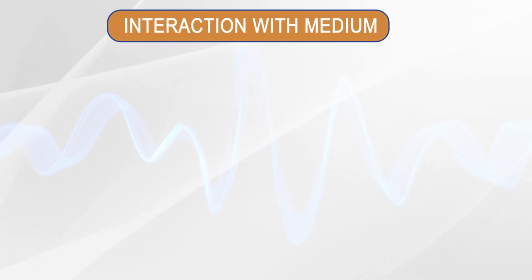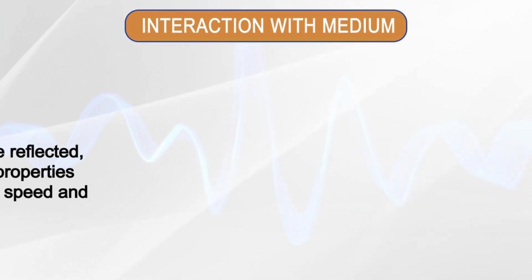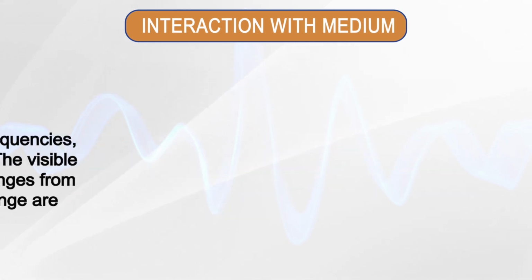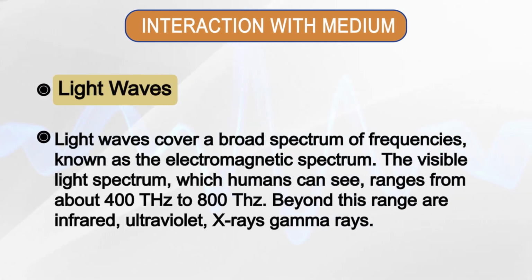And then interaction with medium. Sound waves require a medium to propagate, and can be reflected, refracted, and absorbed by the material. The properties of the medium, especially density and elasticity, affect the speed and behavior of sound waves. Whereas light waves can travel through vacuum and different media, and they exhibit behaviors such as reflection, refraction, diffraction, and interference.